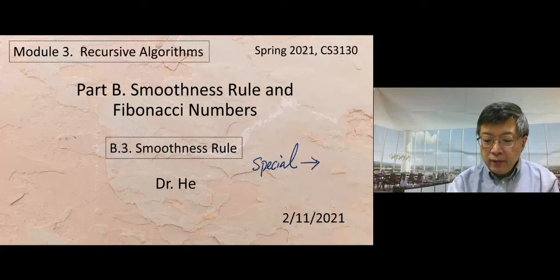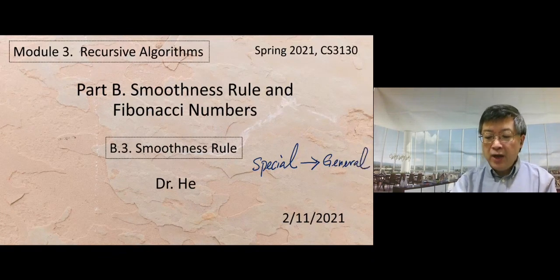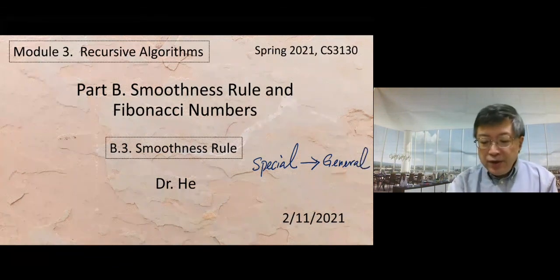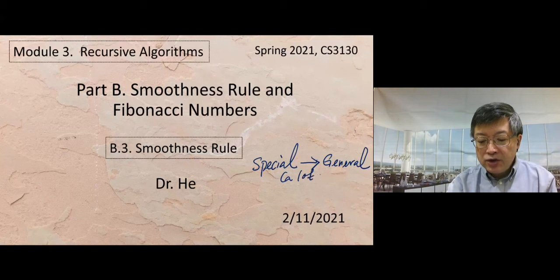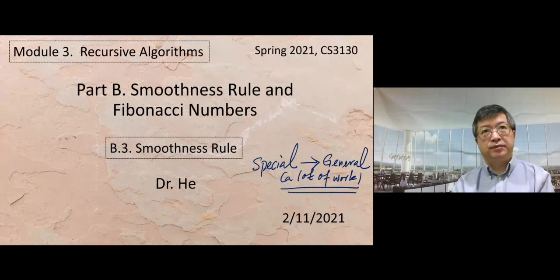Then we need to go to the general case, right? But when we do that, we need to do a lot of work, mathematical induction, a lot of work. And that part is not easy.